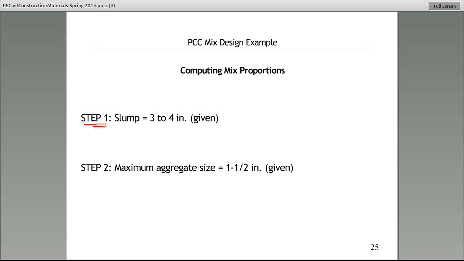So page 23 says step 1 is the slump. So in this case, it's given to be 3 to 4 inches. Now, there are cases where they don't give you exactly what the slump should be. They ask you to specify it. All right? And I'll show you how that's done.